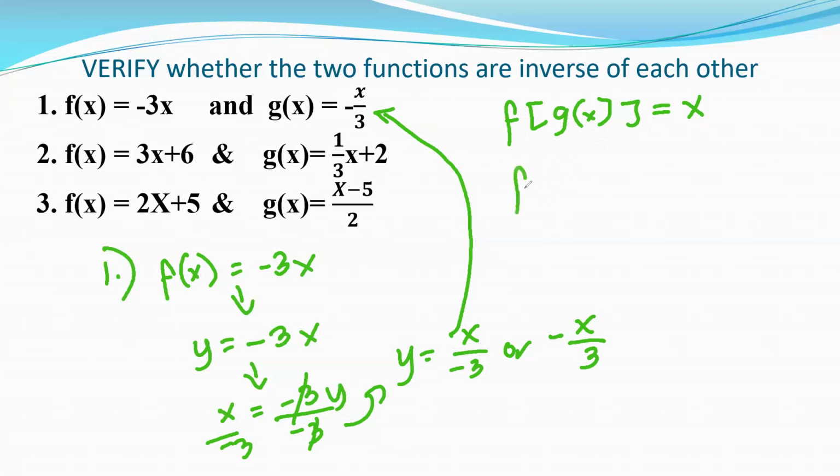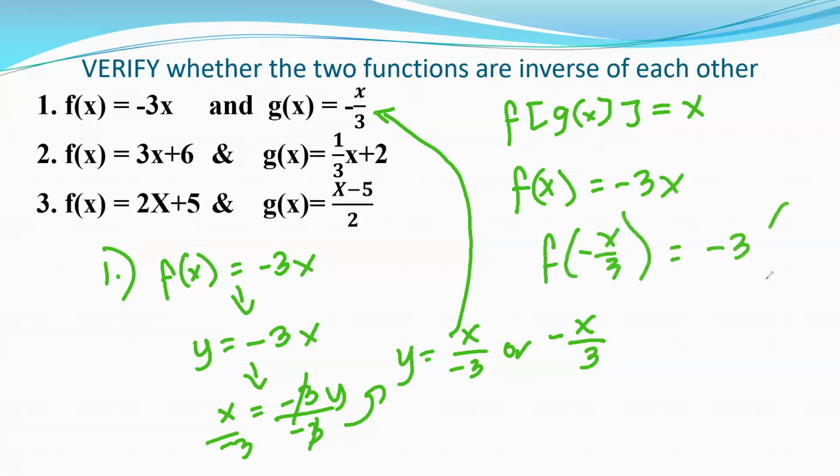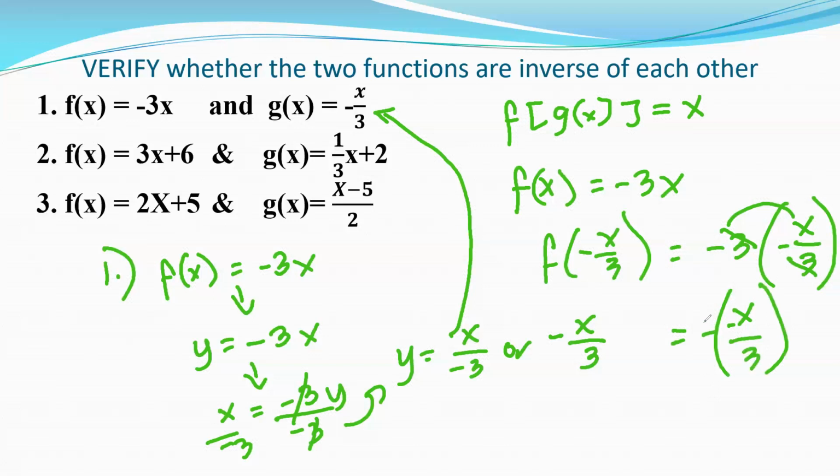So in this case, we will just write f of x is equal to negative 3x, then g is equal to negative x over 3. So negative 3 times negative x over 3. Simply distribute negative 3. 3 will be cancelled. So negative x over 3, and then distribute the negative sign.